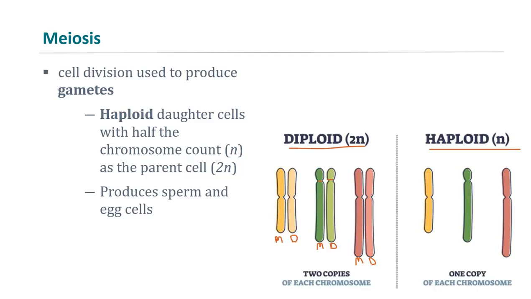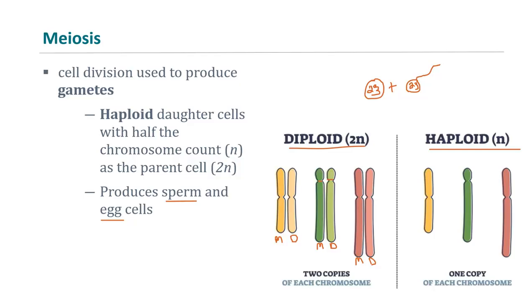The reason for doing this is because we want to produce sperm or egg cells that have only 1 copy, so that when a sperm cell meets up with an egg cell, and if this is our egg cell with 23 chromosomes within it, and we add our sperm cell here, that also has 23 in humans. That's our chromosome number. We have 23 different types of chromosomes.